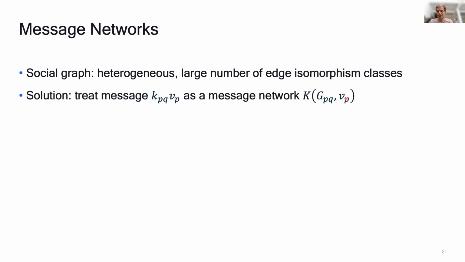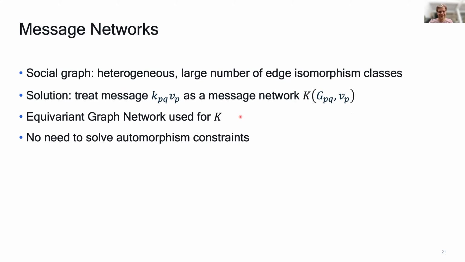So we have on each edge a network that gives us the output of the message passing. And this network takes as input the adjacency matrix of the edge neighborhoods from P to Q and the input features. And if we use for K an equivariant graph network, then this whole process becomes equivariant.